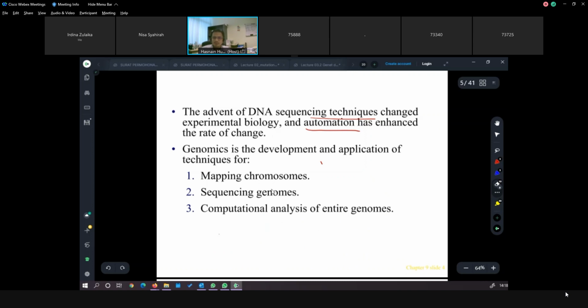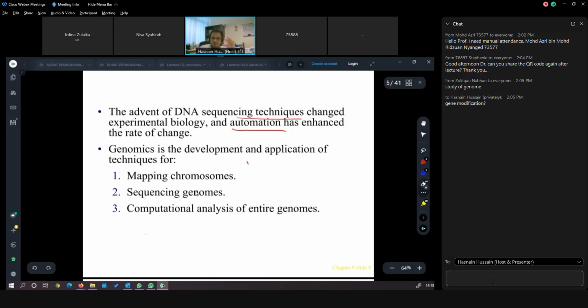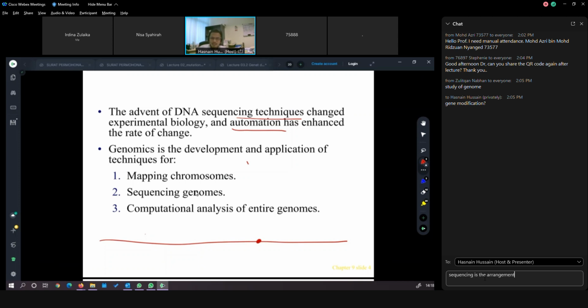So mapping, and then sequencing, can you imagine what they are? For mapping, just imagine the chromosome. Let's say this one is a very long chromosome, and this is the centromere, for example, over here. And with the mapping of the chromosome, you have a general idea: oh, the gene related to eye color is over here.